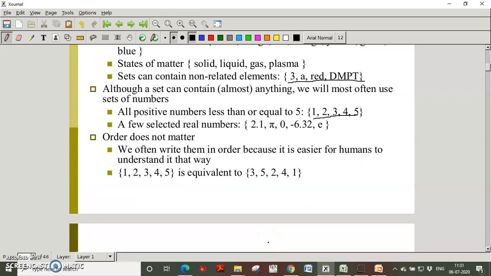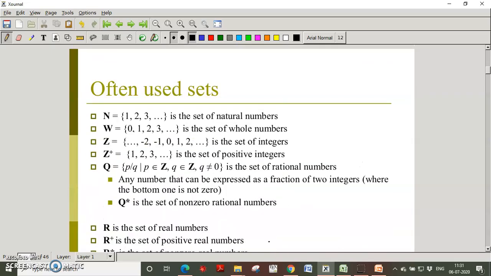Often used sets have standard notation. Capital N is the notation for the set of natural numbers, starting from 1, 2, 3 and so on. Whole numbers are denoted by W, starting from 0, 1, 2, 3, 4, 5 and so on. The set of integers is denoted by capital Z, written from minus infinity to plus infinity.